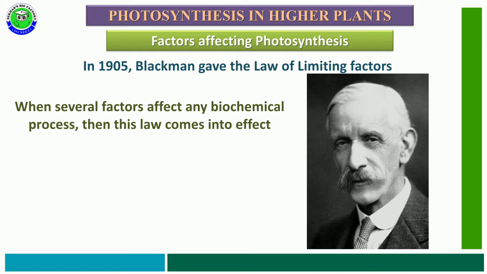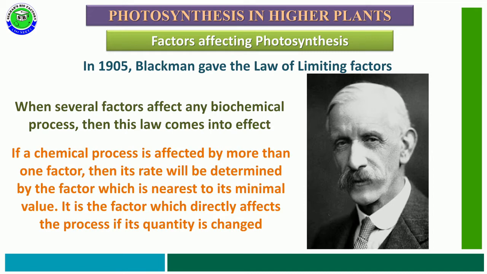According to Blackman, if a chemical process is affected by more than one factor, then its rate will be determined by the factor which is nearest to the minimal value. It is the factor which directly affects the process, and when its quantity is changed, the rate changes. This is the law of limiting factor given by Blackman.